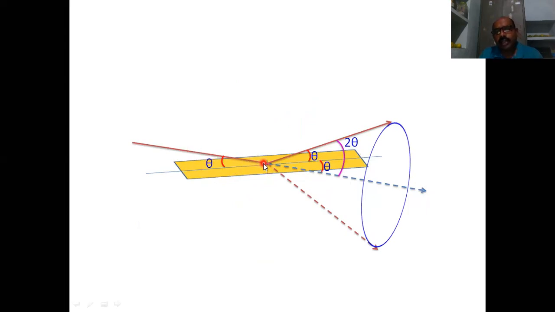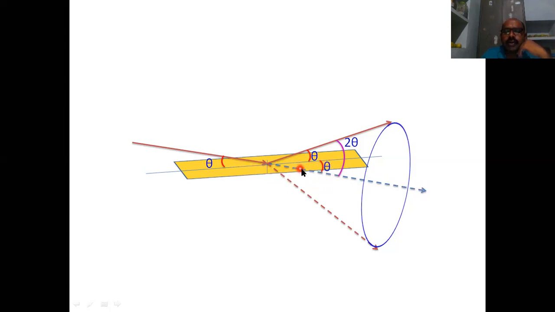Whenever it falls on the plane by making some glancing angle theta, these X-rays are scattered from the plane by making the same angle. But with respect to the incident direction, we are extending this direction just like this, so it is also theta.